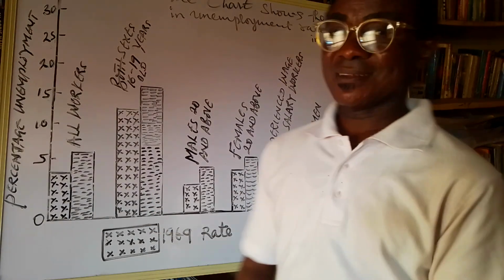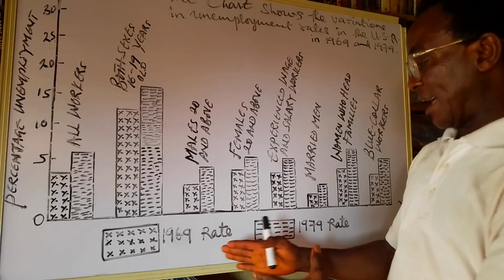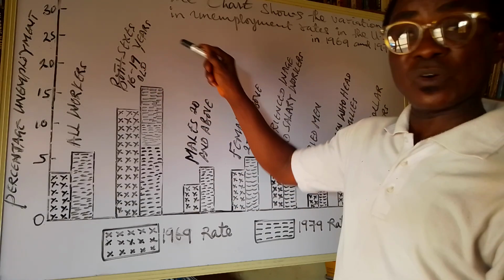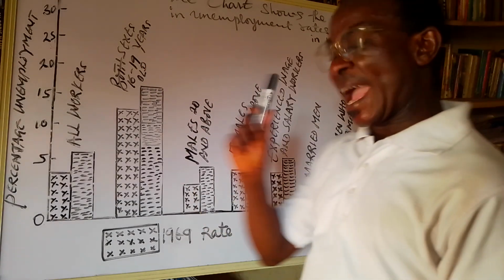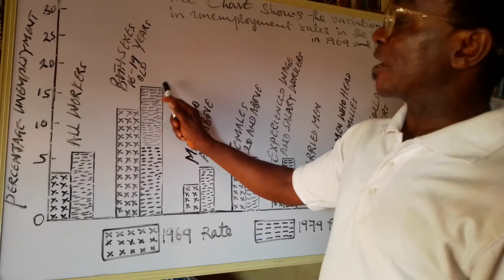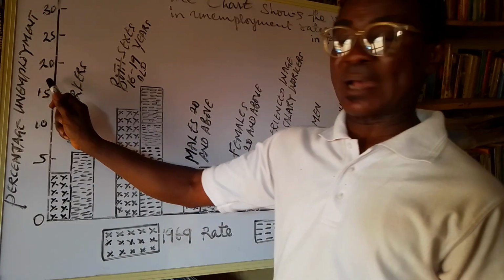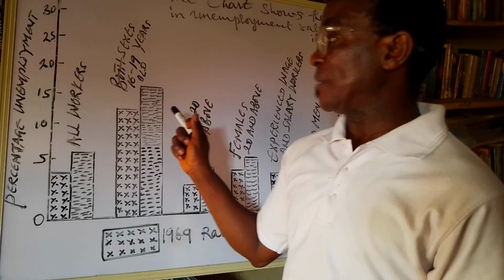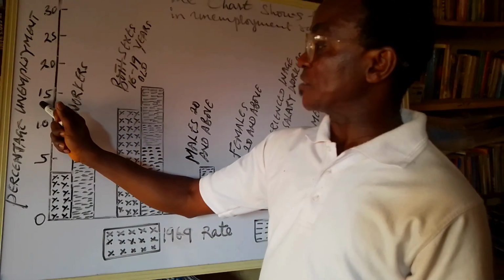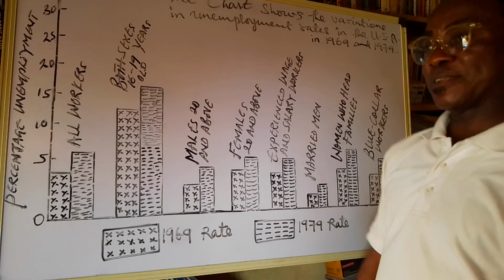Apart from these, the highest rate occurred in both 1969 and 1979 among teenagers aged 16 to 19, with the highest rate of unemployment occurring in 1979, a rate of roughly 16.1%, and just below 15% in 1969.